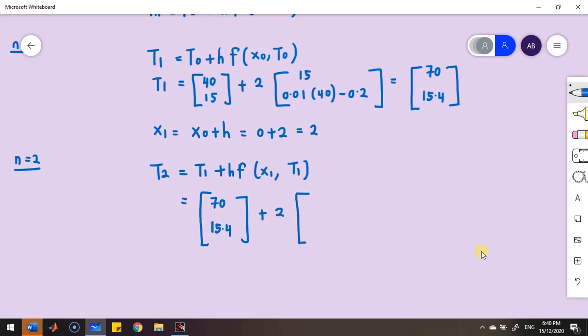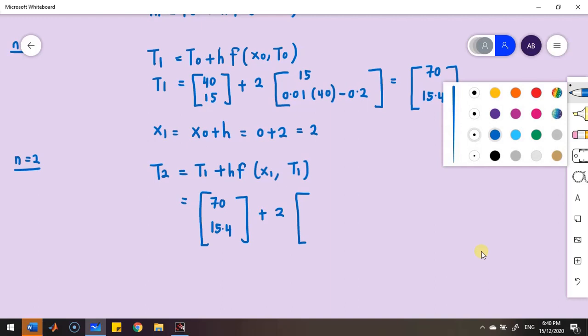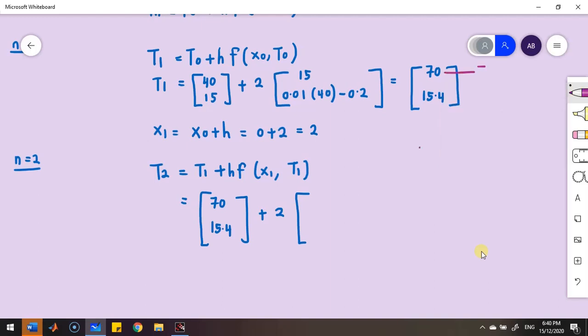Now, the problem here: I have Z. What is my Z? Let me write it down. My big T consists of T0, T1, and this is my Z1.